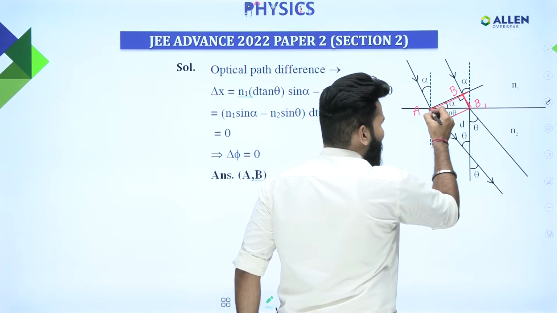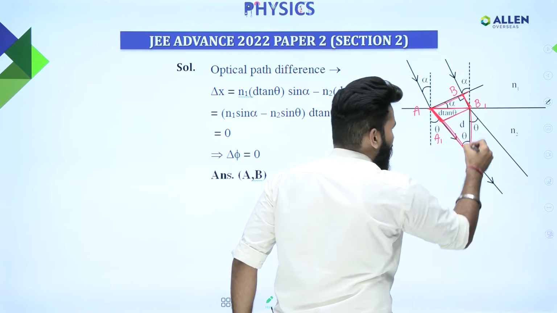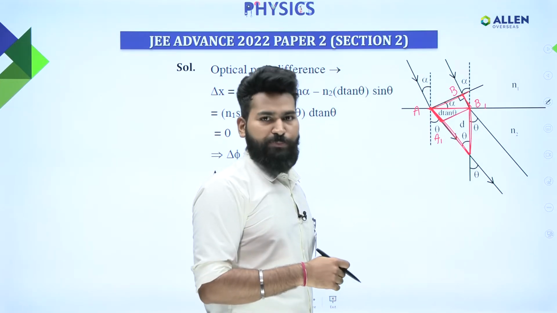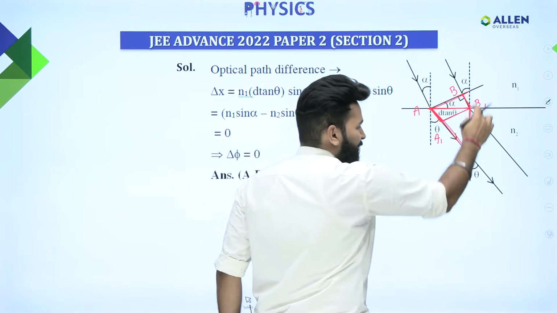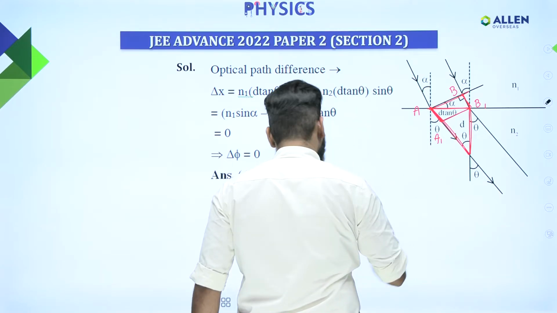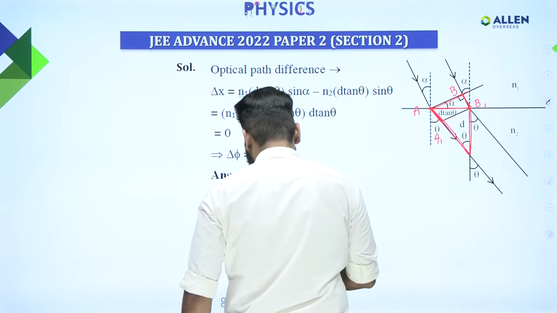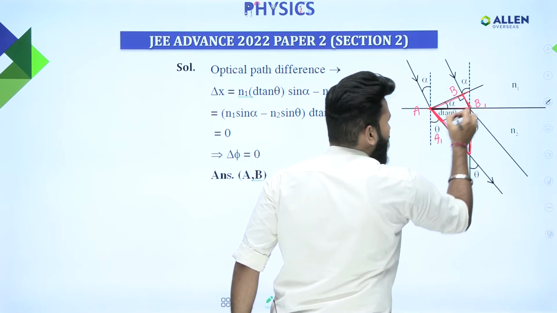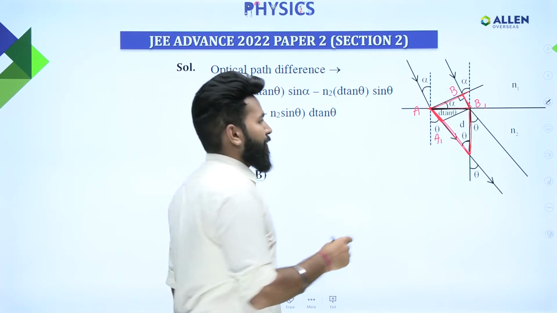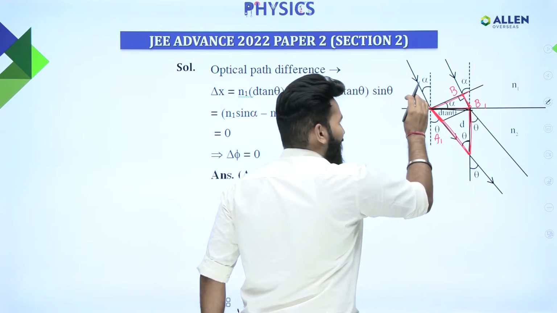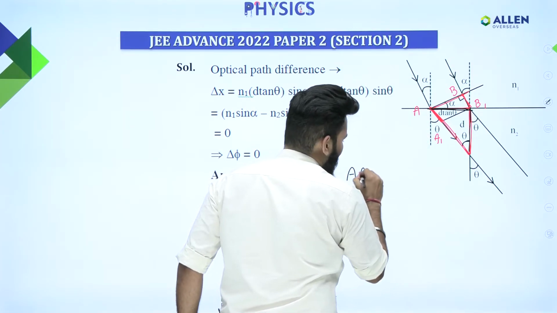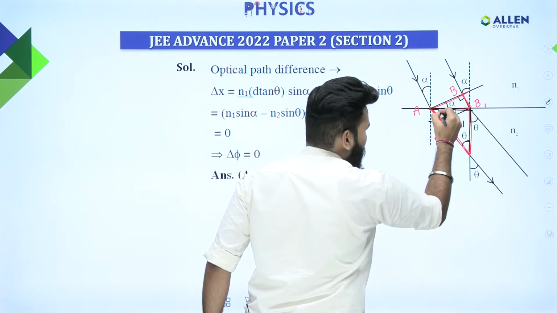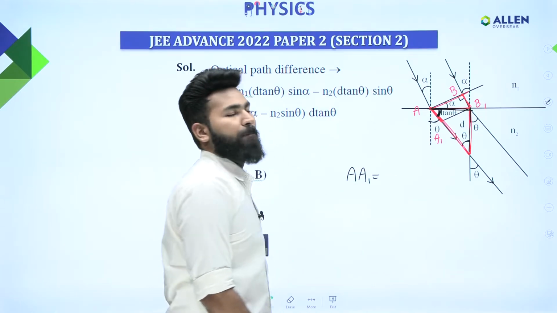So if you consider this triangle, let's work on calculating the difference between the paths. You will see that this is theta and this is d. So this length will be equal to d tan theta. And since this is theta, this angle will be 90 minus theta.